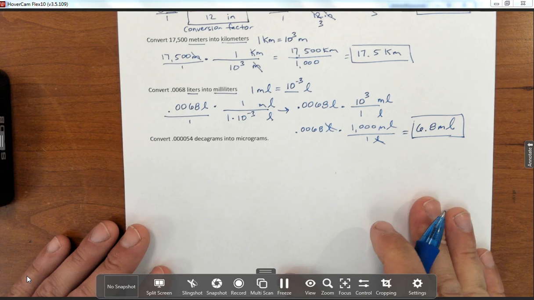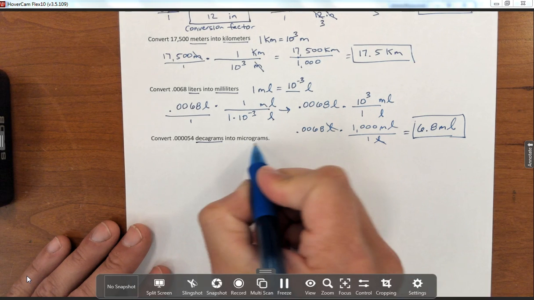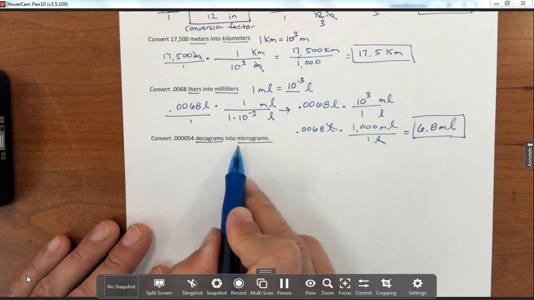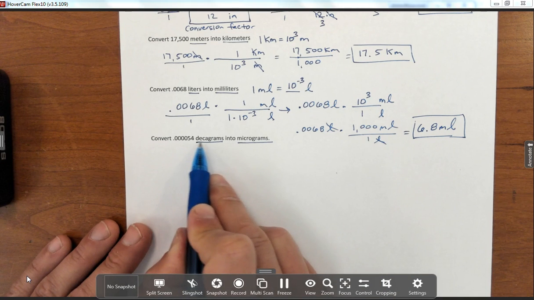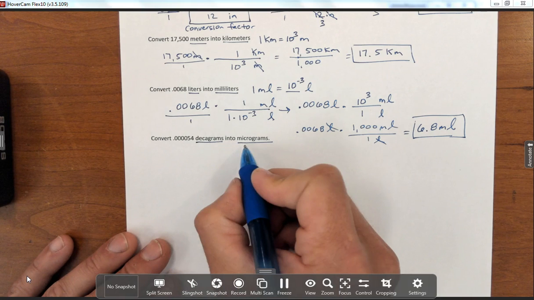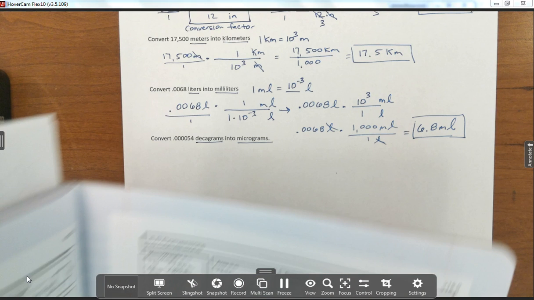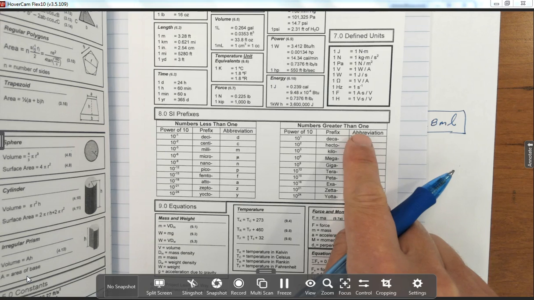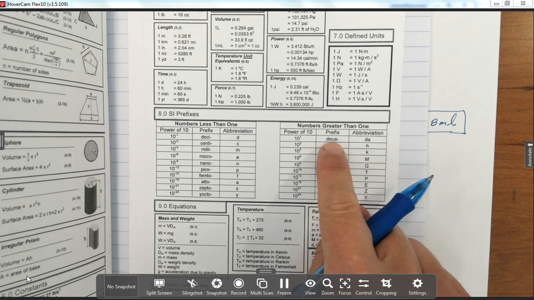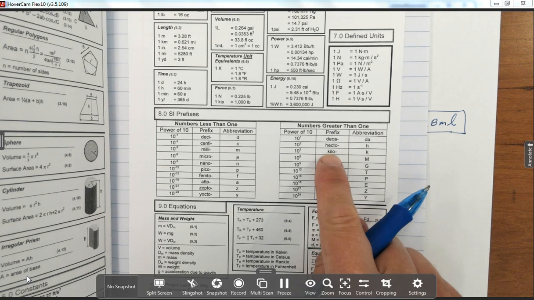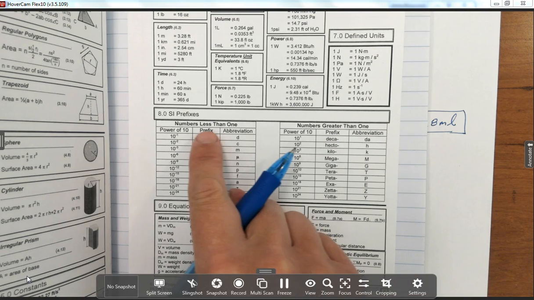All right, the last one. What makes this one a little more difficult? If you look at the two prefixes, we're dealing with grams. We have decagrams, and we have micrograms. Well, decagrams is bigger than 1, and micrograms is smaller than 1. So if you look at our table, numbers greater than 1 includes deca, does not include micro. Micro is found over here, numbers less than 1.